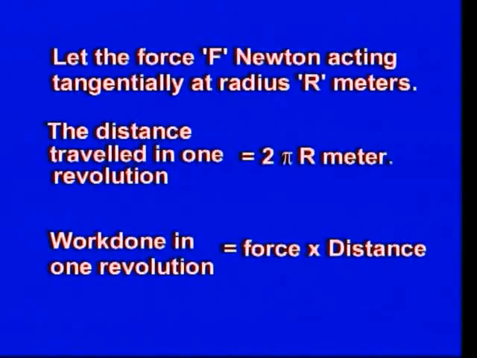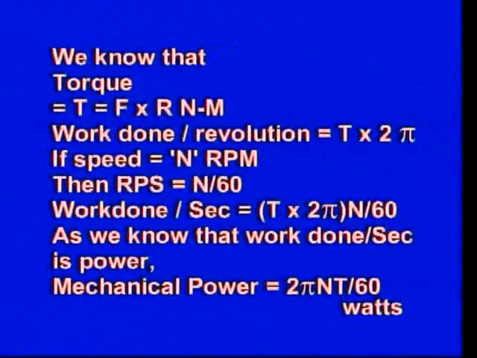This becomes force into distance, which is 2 pi r, so Newton meters. This is rearranged as F into r into 2 pi. We know that the torque is equal to F into r Newton meters. Work done per revolution is equal to torque into 2 pi. That means F into r is replaced with T.